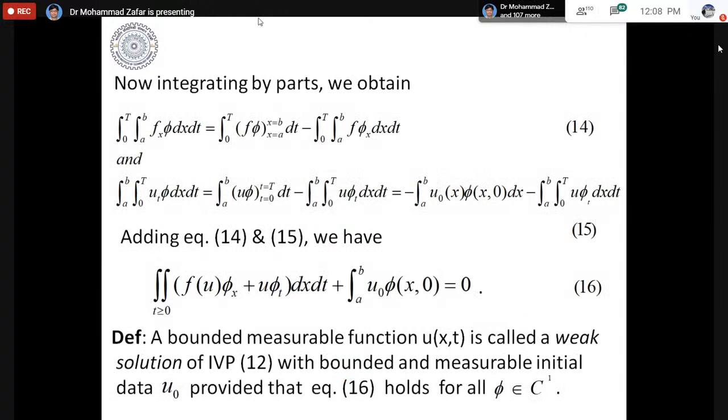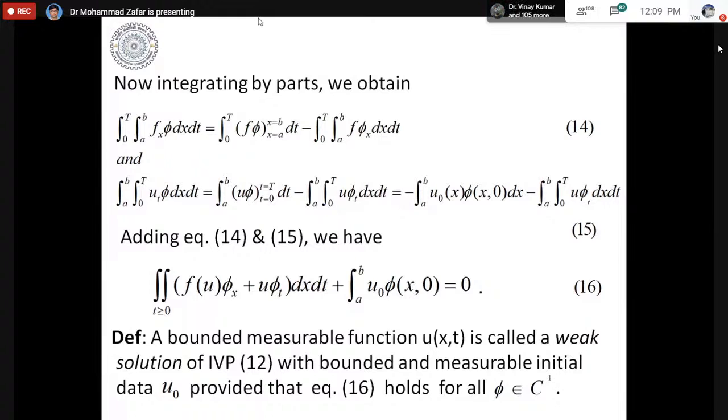Again, we have a very important definition now. You see, f does not require any continuity or differentiability, and u also, you see in this case f of u is there and u is there in equation number 16. Please consult it. We do not require any continuity or any differentiability. But we require the differentiability on phi, the test function, but phi is a C1 function, so it does not matter.